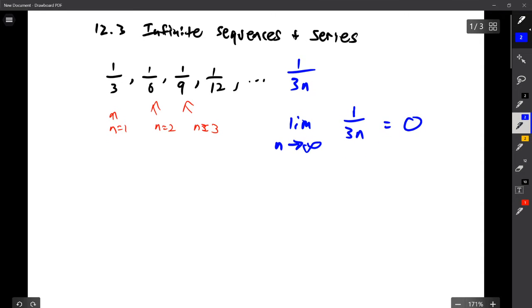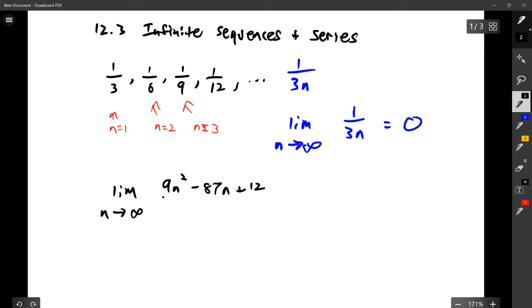But what if we had something like this? What if we had the limit as n approaches infinity of 9n squared minus 87n plus 12 over 2n squared plus n minus 135?